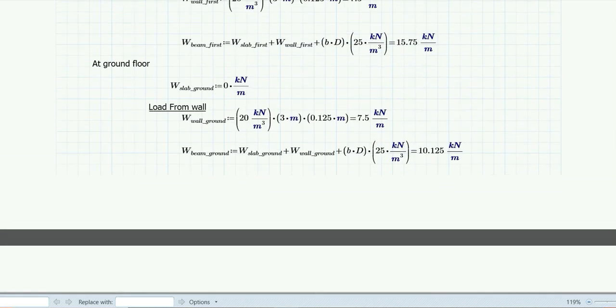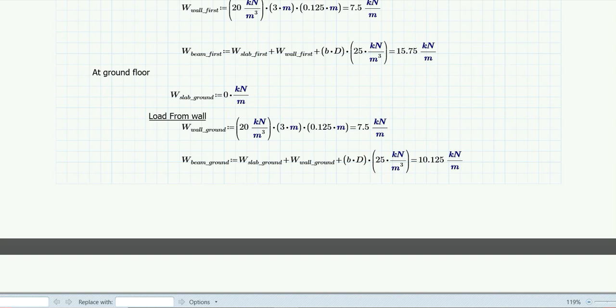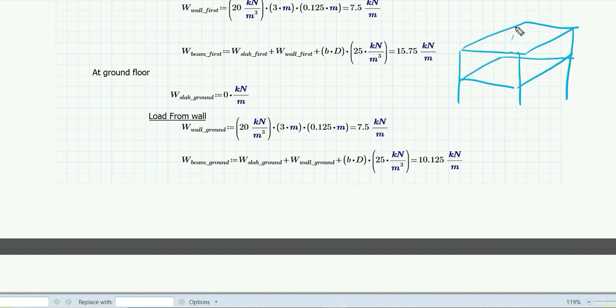Now for the ground floor, if you look very closely, in case of our buildings, in the first floor the slab load is transferred to the beam.